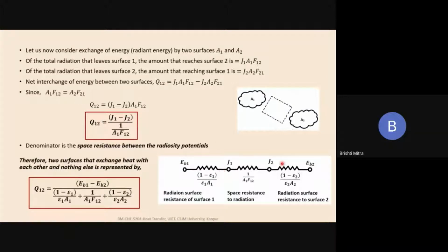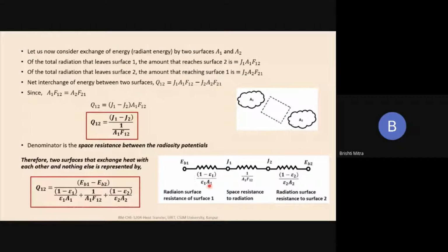So if this whole thing is written in the form of the way we write electrical resistances, the potential difference for the surface resistance of body 1 was EB1 minus J1 divided by the resistance. Next was the space resistance: the potential difference was J1 minus J2 divided by the resistance again.